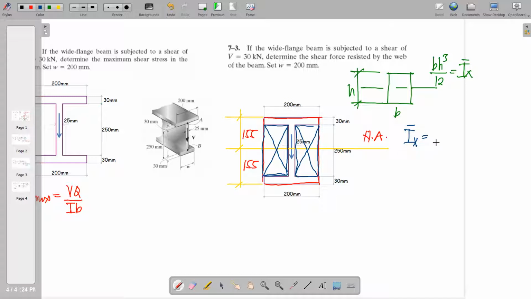this is simply equal to the I of the larger rectangle. We deduct the two I's of the smaller ones. We do not need to use the transfer formula because your neutral axis coincides with the centroid of these rectangles.